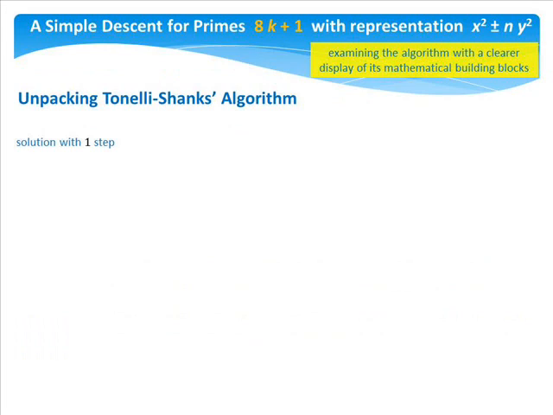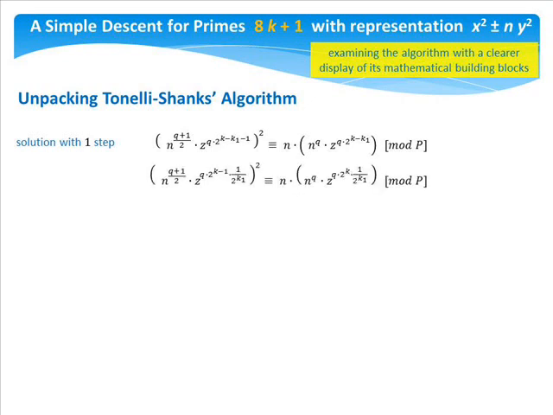First, consider a case that requires only one step to reach the solution. On the left side of the congruence, the exponent of z is q times 2 raised to k minus k sub 1 minus 1, which is equal to q times 2 raised to k minus 1 over k sub 1.